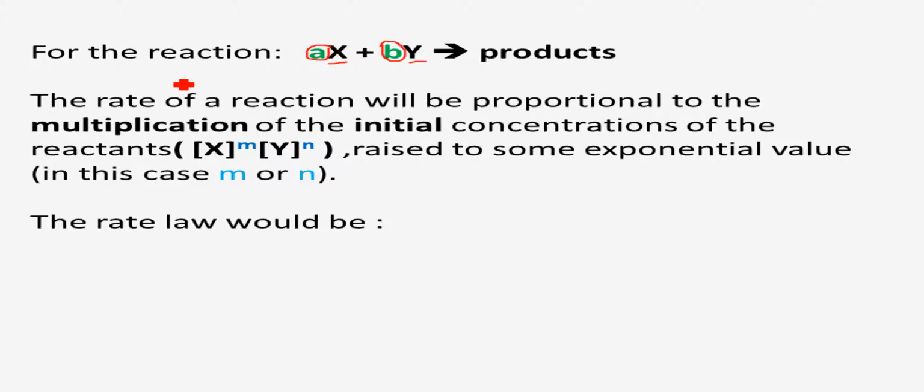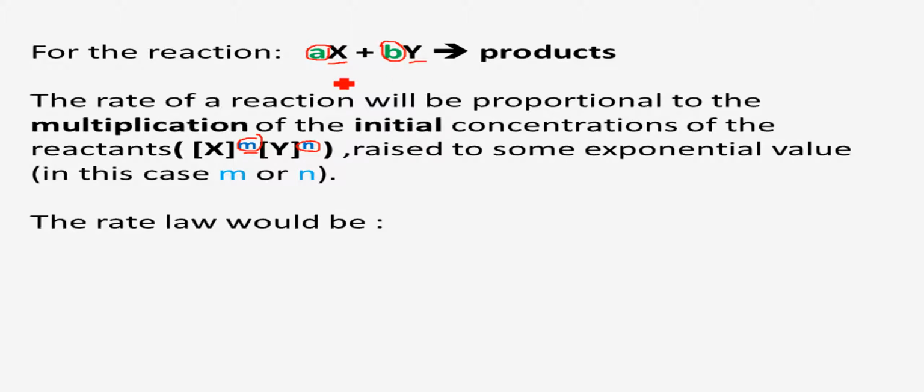If we were to write the rate law for this particular reaction, it would be proportional to the multiplication of my initial concentrations, i.e. multiplying my X and my Y together, and raising those values to some exponent M and some exponent N. Now you'll note that M and N are very different than A and B. I did not use the same letters. And that's because the M value and the N value can be different than the coefficients. And most often they are different.